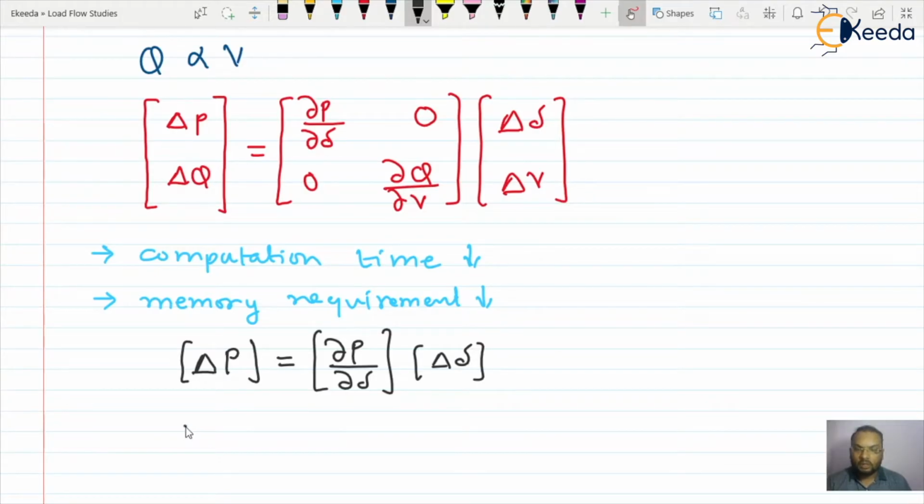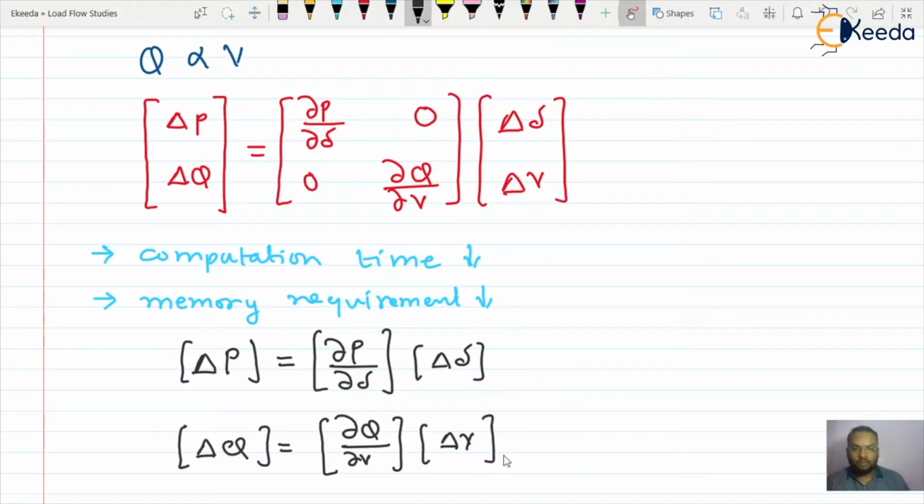Second thing, change in Q is equal to partial differentiation of this reactive power with respect to V into del V. Now you see here, I'm getting a separate equation for this P and a separate equation for this Q.